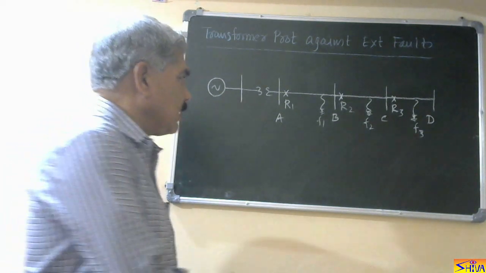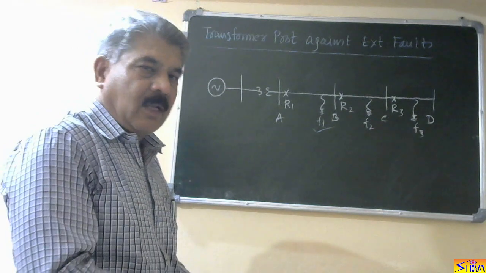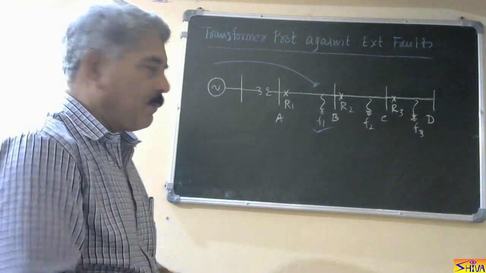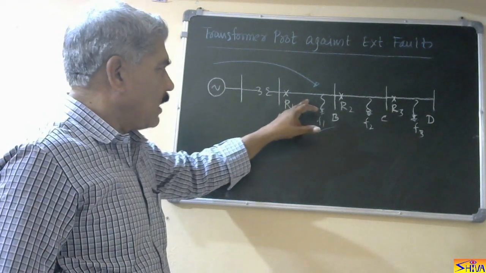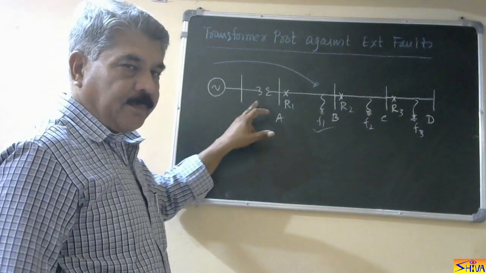Now if the fault is here, that is F1, and suppose R1 fails, then what will happen? Current is flowing to this fault. This heavy fault current is flowing not only through this line, but also through this transformer as well as through this generator.